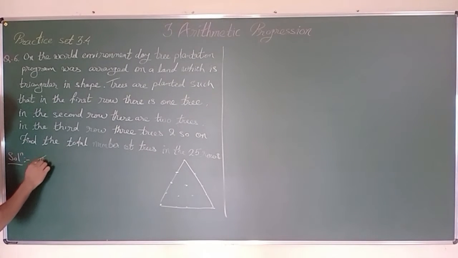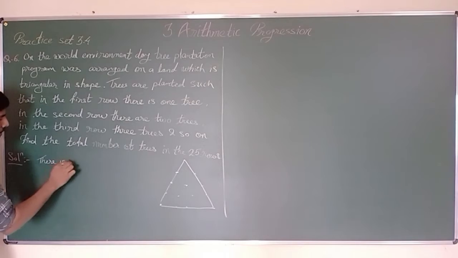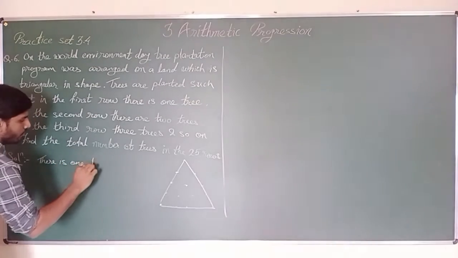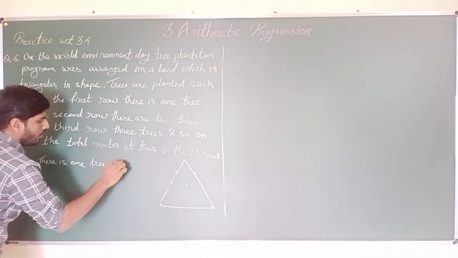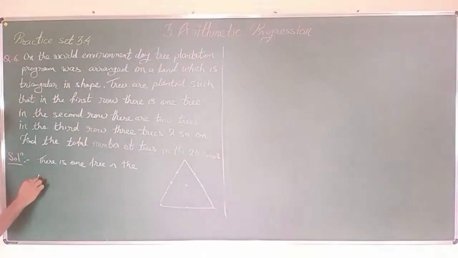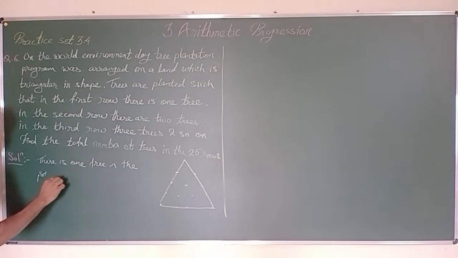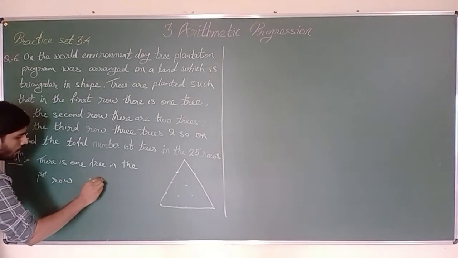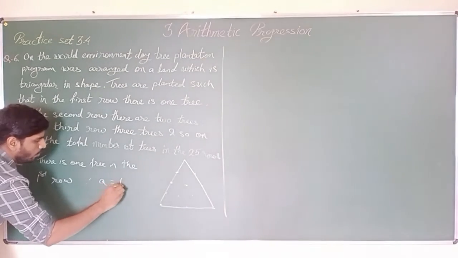Now there is one tree in the first row. Therefore, a is equal to 1.